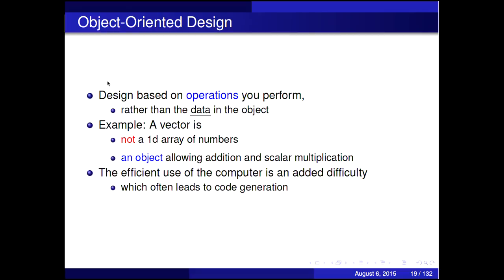So a little bit on object-oriented design. Object-oriented design simply says that you design your software based on the operations you perform rather than the explicit representation of the data. The reason for having this kind of design, which probably you've learned about many years ago, is that it allows more freedom in the implementation. So we haven't hardwired how we store our vectors.